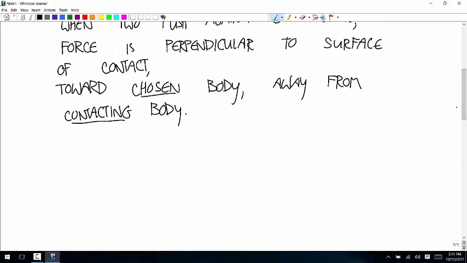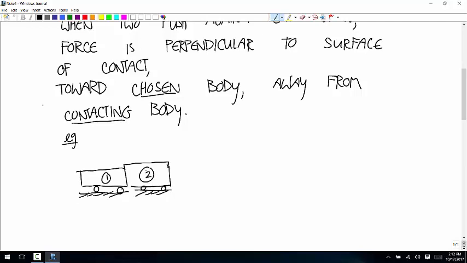Okay, so here's the type of contact we're talking about. Let's imagine that we have these two carts that are in contact. I'll call this one cart 1, the one on the left, and this one cart 2. And let's say that there's a force applied here.